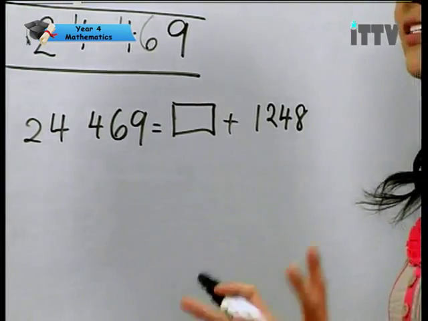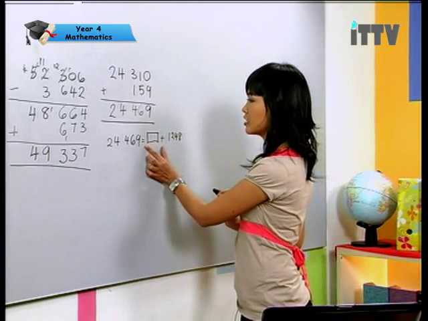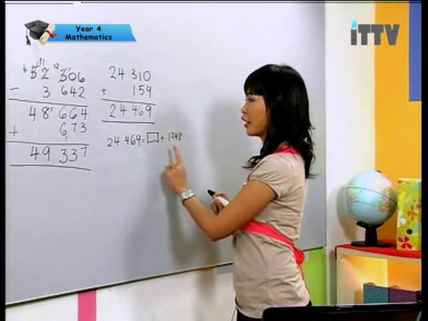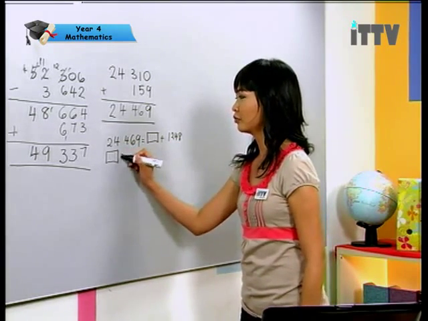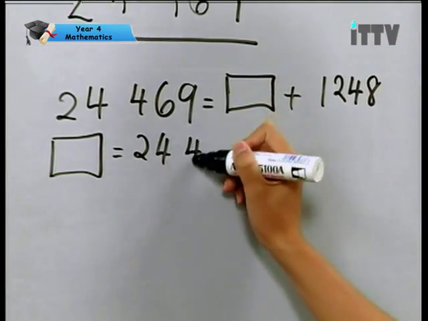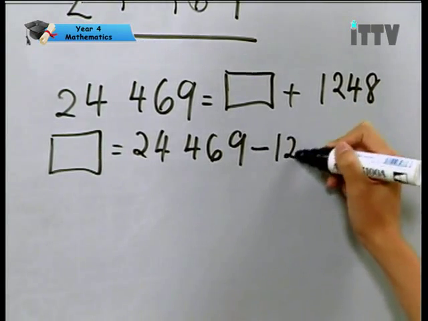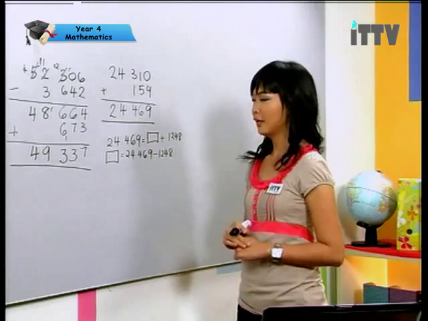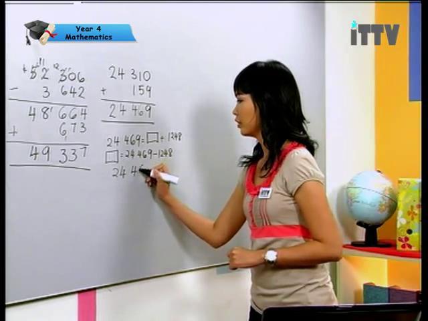Now we know that subtraction is the inverse operation of addition, so this blank would be 24,469 minus this number. Blank would be this number minus this one over here. Now, we want to find out what is in this blank. So, let's solve this.